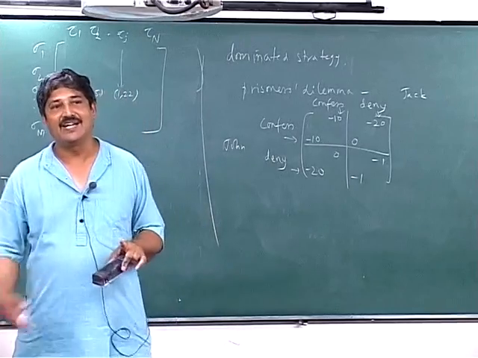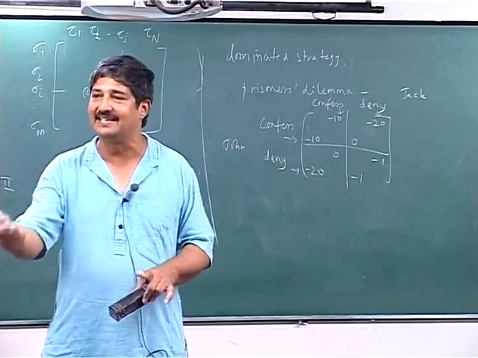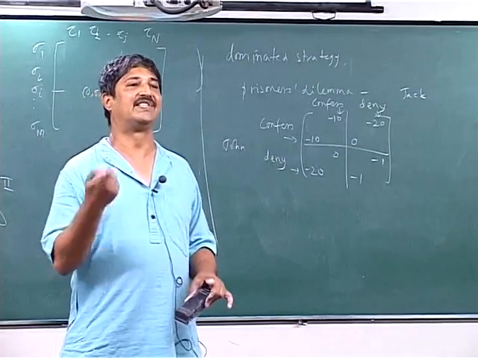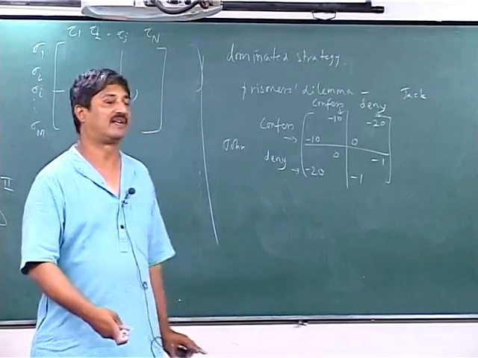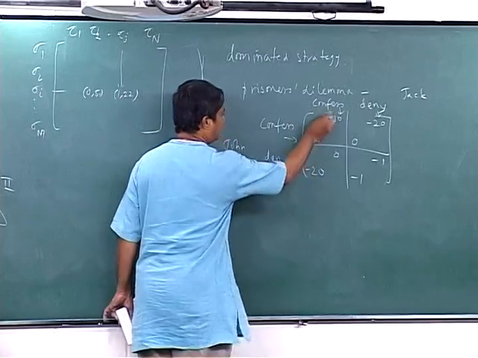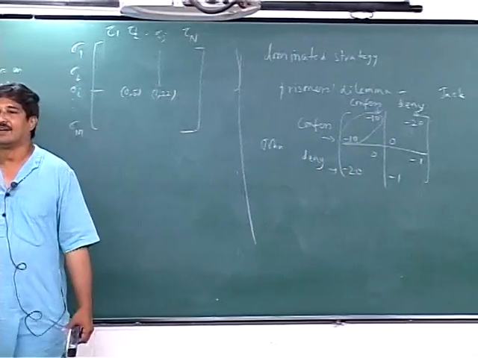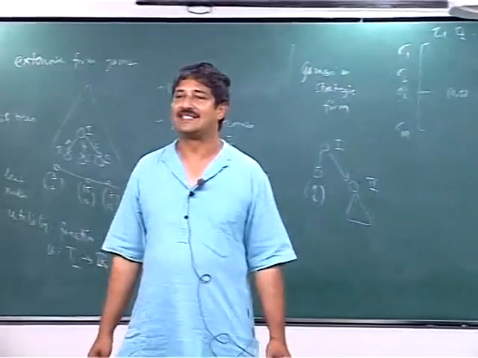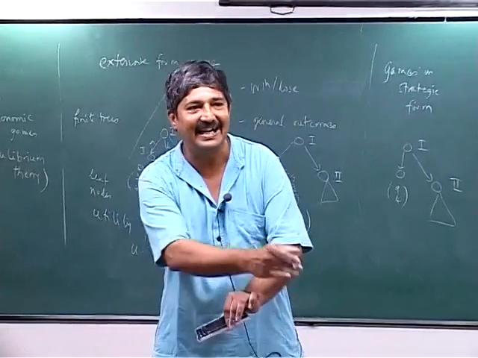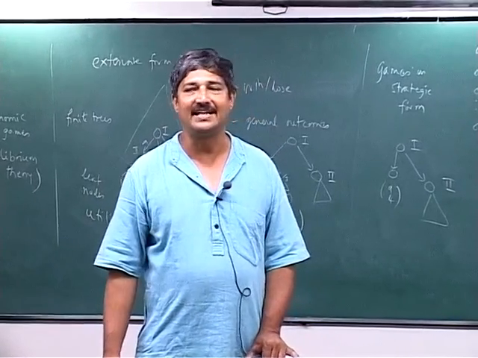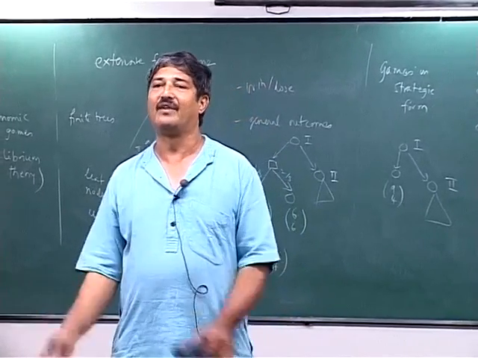Then I argue that symmetrically Jack must be doing exactly this reasoning, and he would also come up with confess as the option, and therefore we both confess. So the strategy confess strictly dominates any other strategy. In this case, therefore, that's what they would pick.